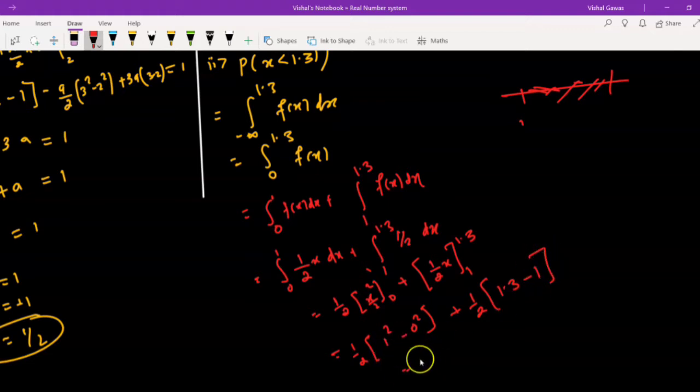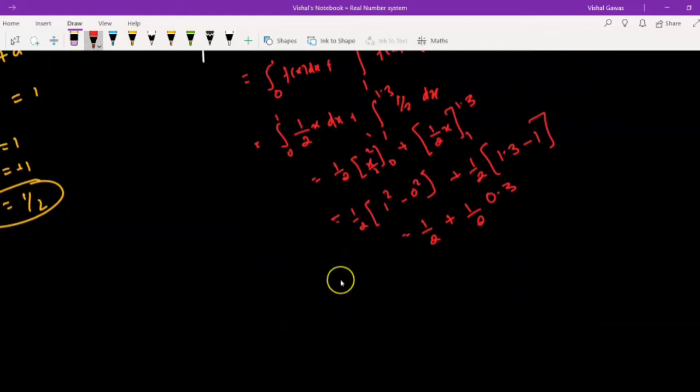This is 1 into half, that's half, plus half times 0.3, which is 1.3 minus 1. So this is like 1.3 over 1 plus 0.3, so it's 1.3 by 2, right?